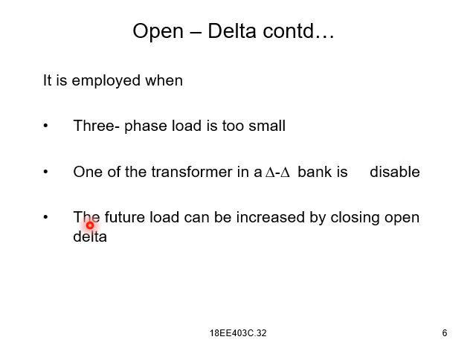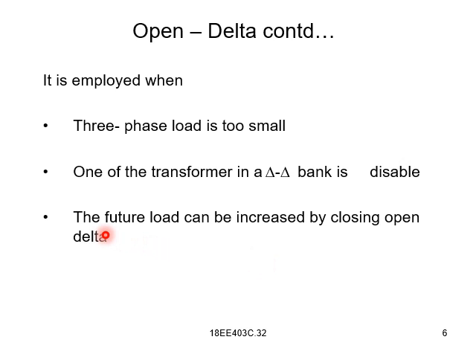And then the future load can be increased by closing the open delta. See, if we use an open delta, for example, where there is a limited load, then there is no need for a closed delta, in order to reduce some losses and increase the efficiency. So if there is a limited load, you can use an open delta type of transformer for supplying smaller loads.